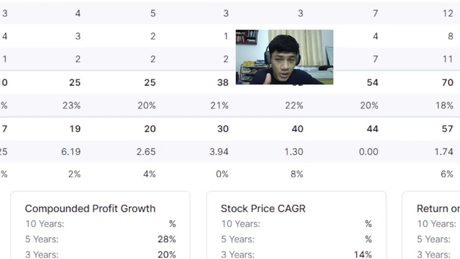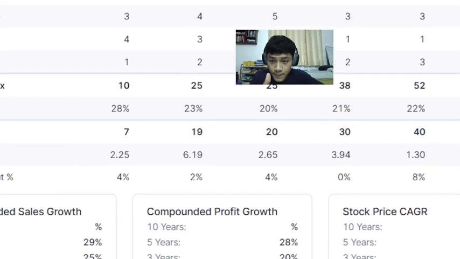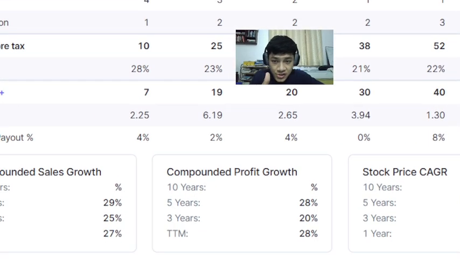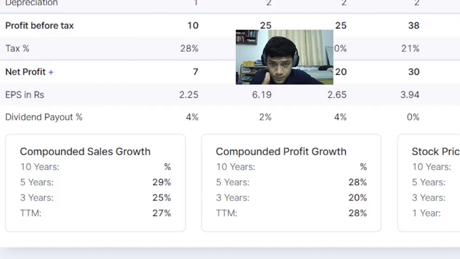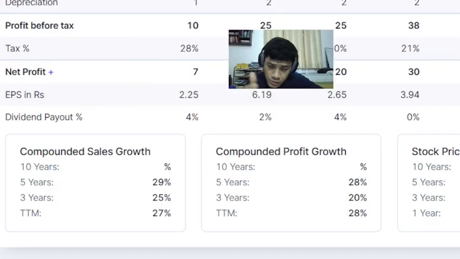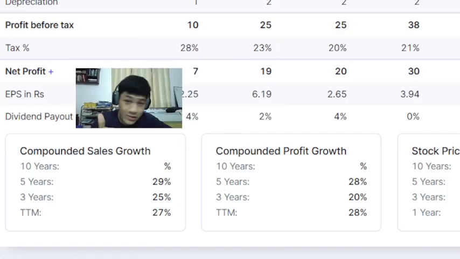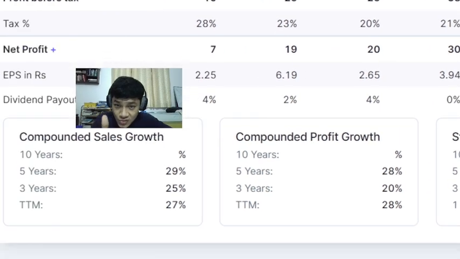So let's look at all these in percentage forms. Okay, in the form of compounded percentage. Here we can see, now we don't have 10-year data. So over the last 5 years, the compounded sales growth has been 29%. Last 3 years has been 25%.